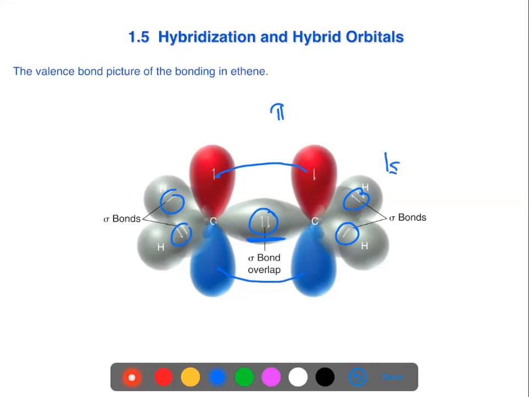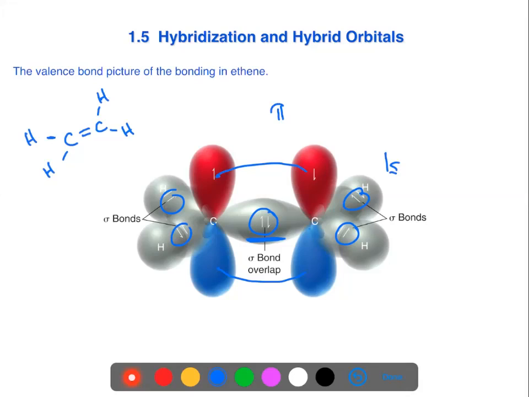And so again, that gives us our structure for ethene. And all of these hydrogens and carbons are lying in the same plane. And the double bond is formed between two p orbitals that are orthogonal to that plane.